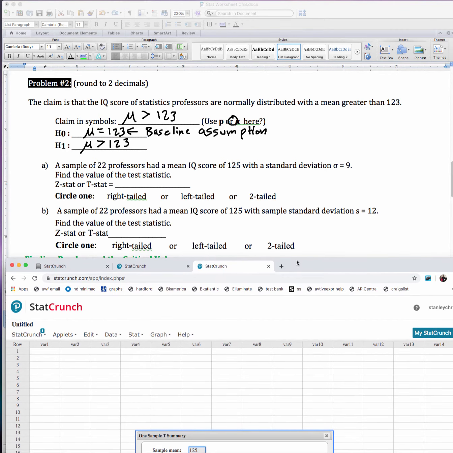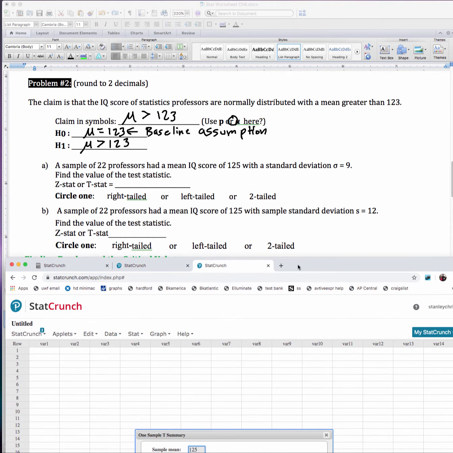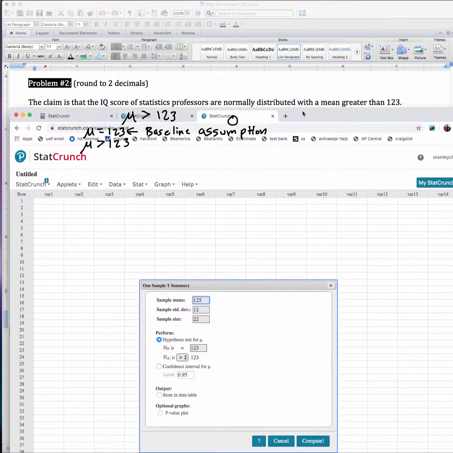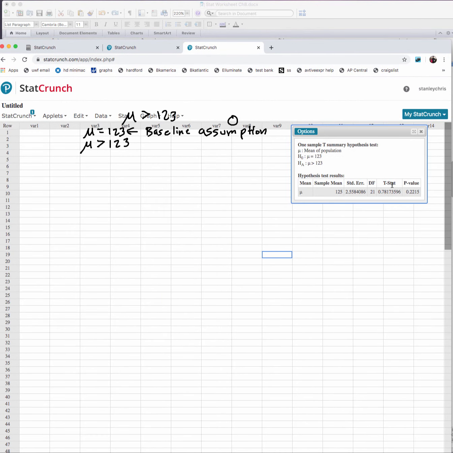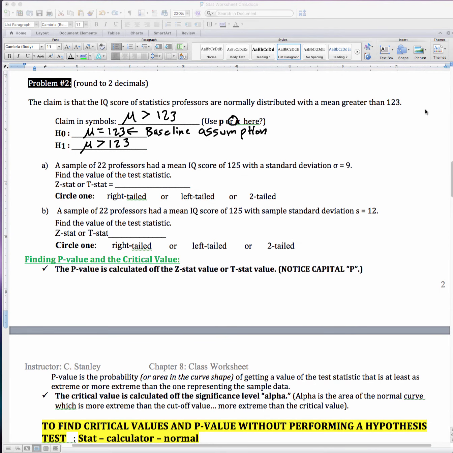That doesn't necessarily mean the true mean's bigger, because it's only 2 ahead. That could have just been by random chance. Okay, so we're all set here. Compute, and our t is 0.782. This is a t-stat.